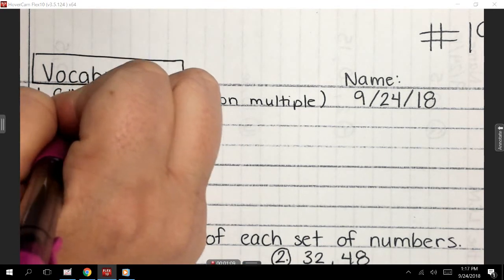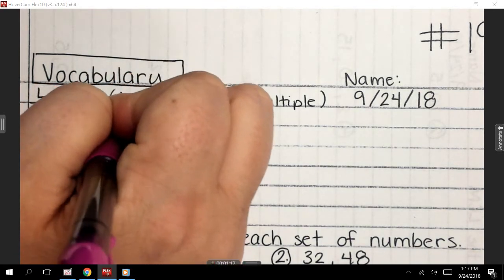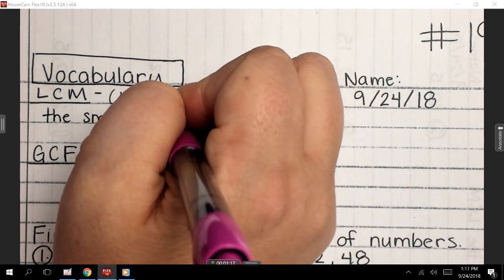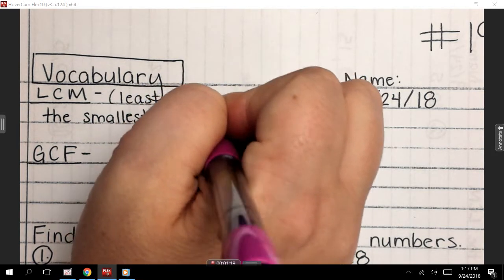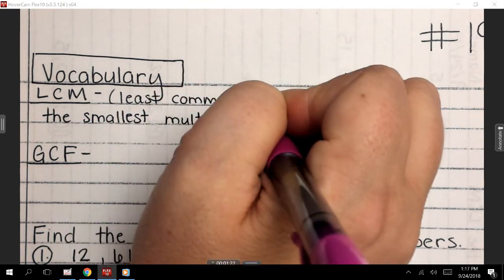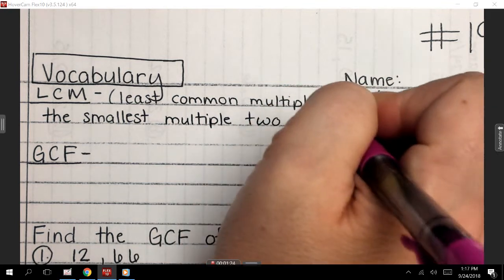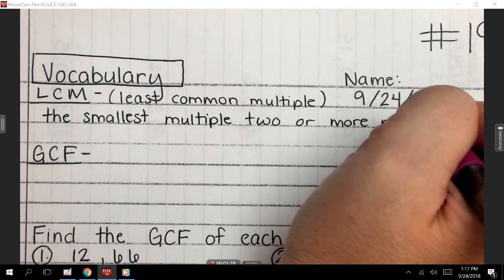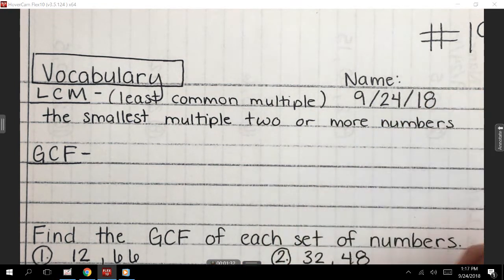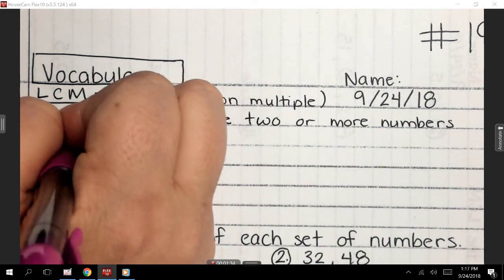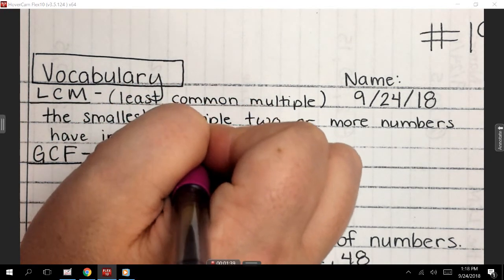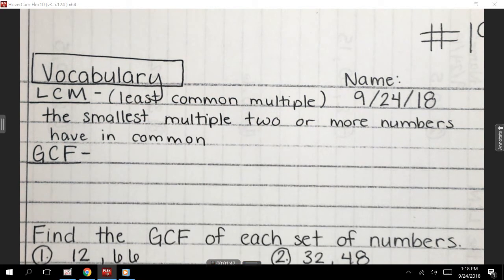So the least common multiple is the smallest multiple two or more numbers have in common. Okay, so it's the smallest multiple two or more numbers have in common.